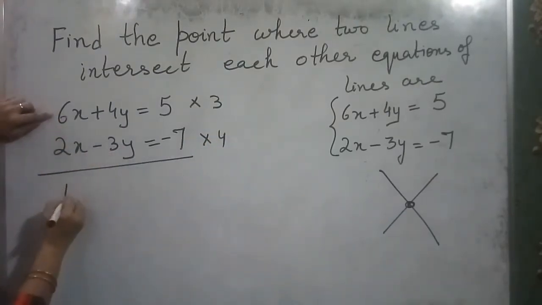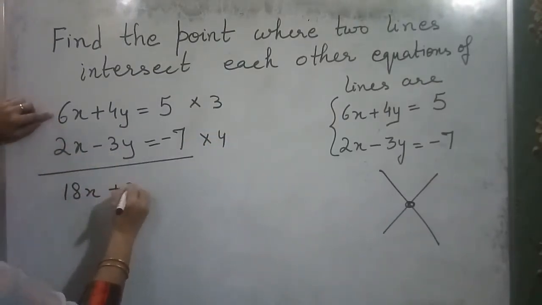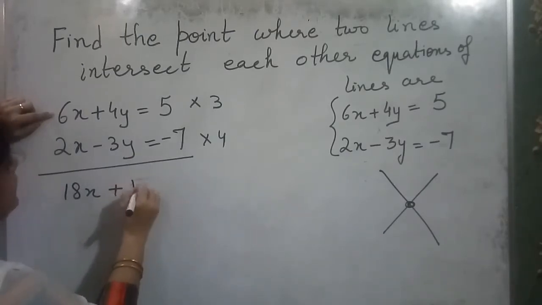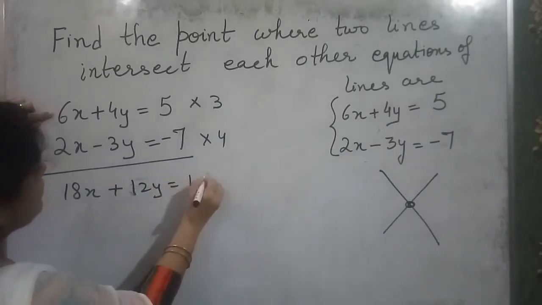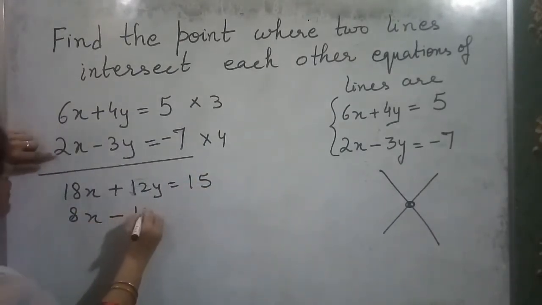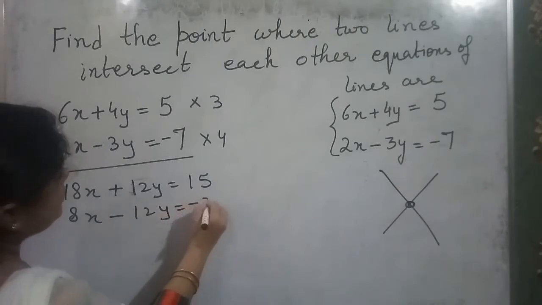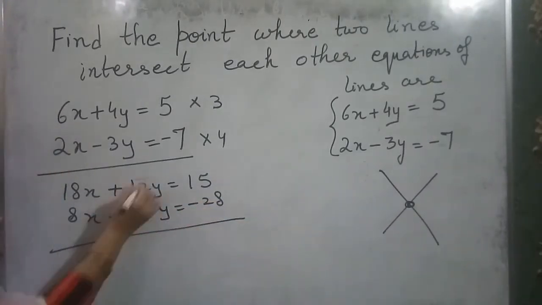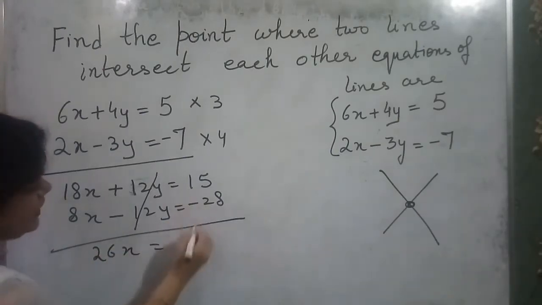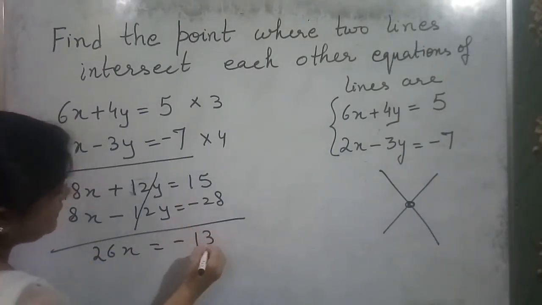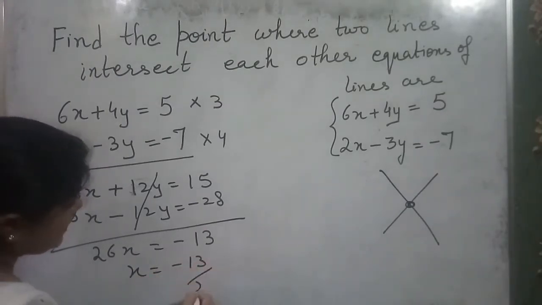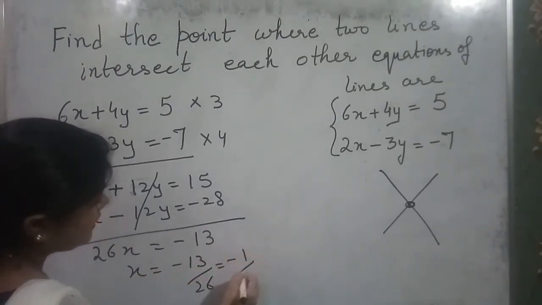So we have 18x plus 24y... 3 4s are 12y is equal to 3 5s are 15, and 4 2s are 8x, 4 3s are 12y, 4 7s are 28. Subtracting, we get 26x equals minus 13, so x is equal to minus 13 by 26, that is minus 1 by 2.